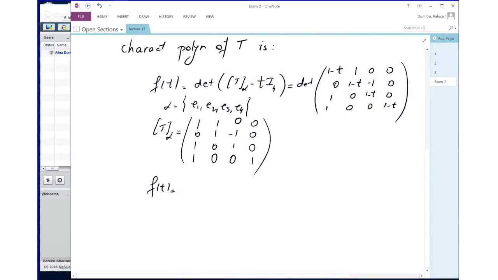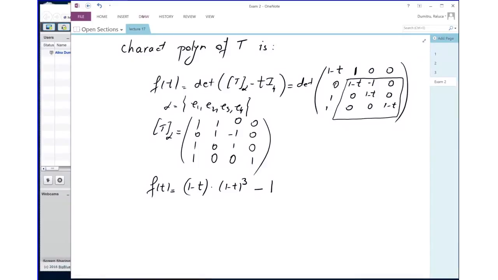And if you expand along, let's say, the first row, you get 1 minus t times the determinant of this matrix, and that's upper triangular, so it's just 1 minus t cubed. And then minus, right, this 1 here with a negative sign because it's in position 1, 2.